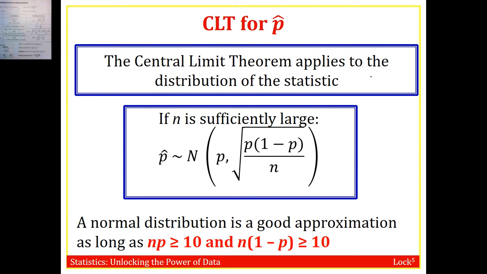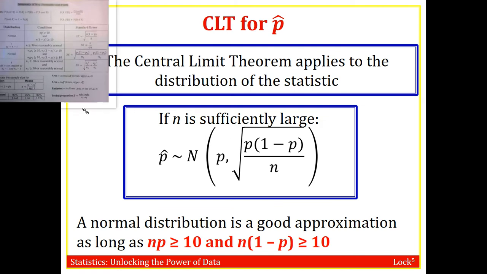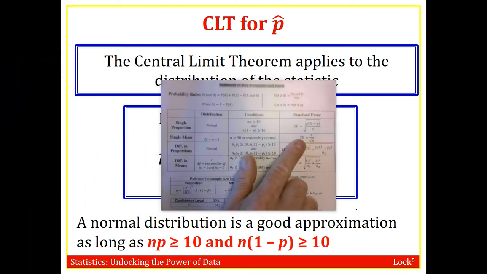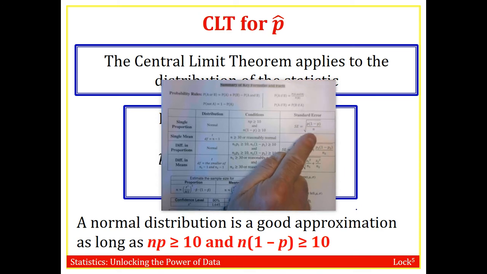This is the actual formula for the central limit theorem. And I bring it up now because I want you to know that you don't have to remember these things, that you will have them given to you. I'll bring back up the formula sheet, and you can look at it and see, first of all, I have this thing called the standard error. The standard error is the square root of p times 1 minus p divided by n.